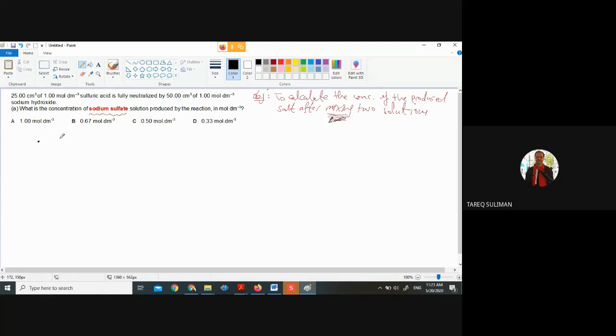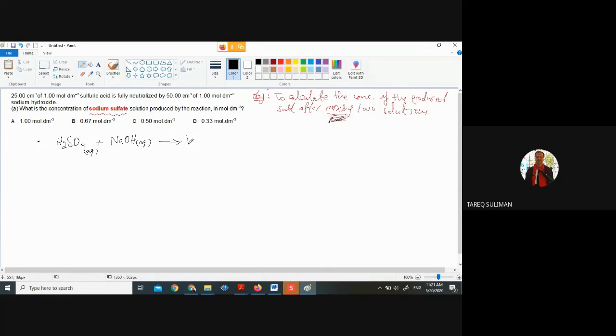What are the reactants? Sulfuric acid, which is H2SO4, plus NaOH. I recommend that you always state the physical state symbols.